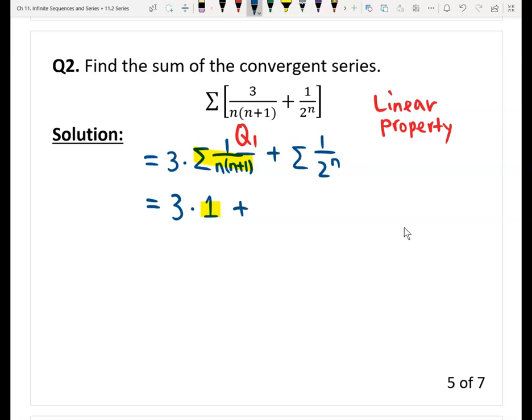Now look at the plus, the second. Do you remember we also discussed this series before, right? In the last video, this is a geometric series. Why? Because we have n. If you cannot see it right now, we can break this down.